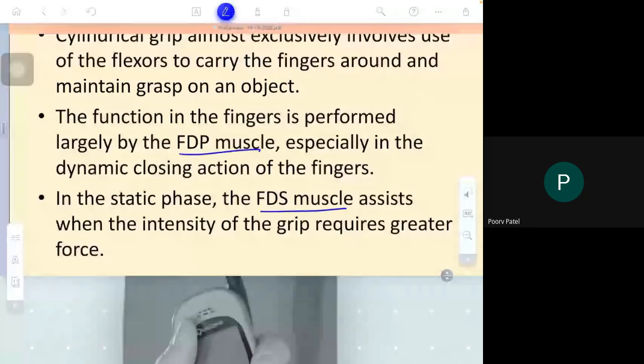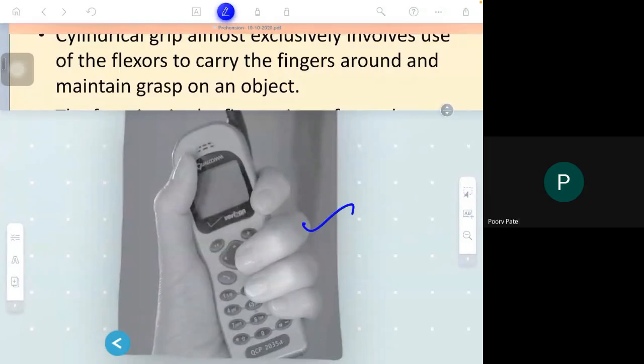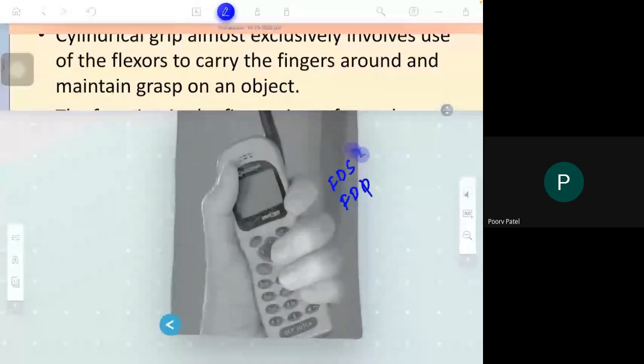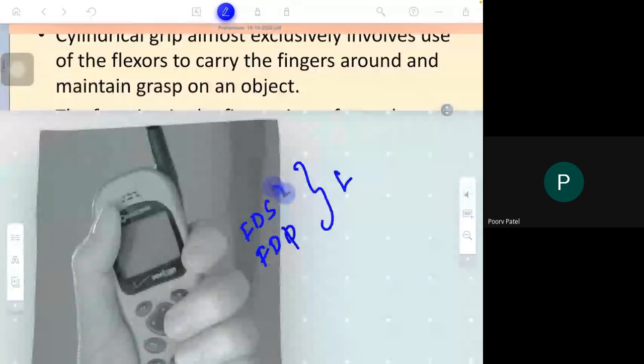They are the extrinsic muscles. What do we think in this diagram? We think only FDS and FDP are used. Traditionally, we think that these muscles are used. So, what are these muscles? These muscles are extrinsic muscles of hand.